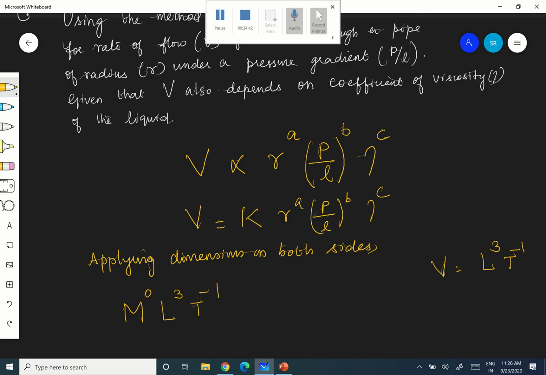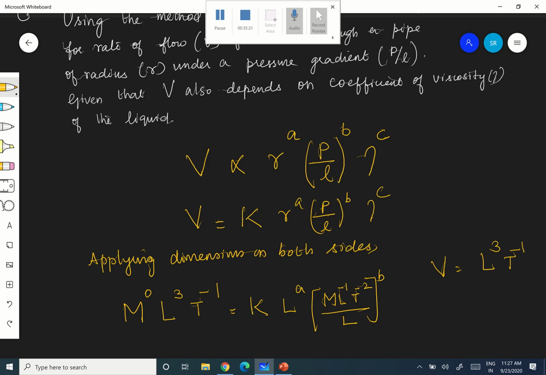That is equal to k, r means L power a, and p by l, the pressure gradient. What is the dimension of pressure? Pressure is force per area, therefore M L power minus 1 T power minus 2. Gradient means divided by L, the whole power b.